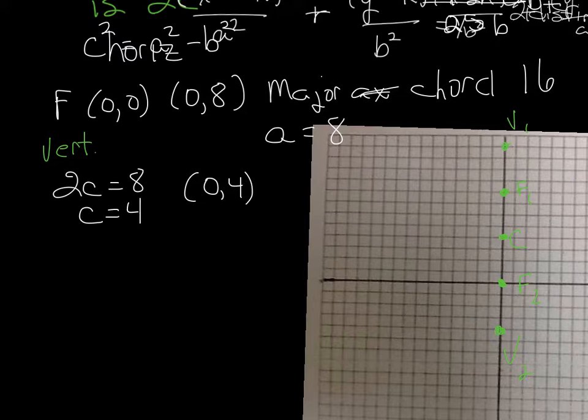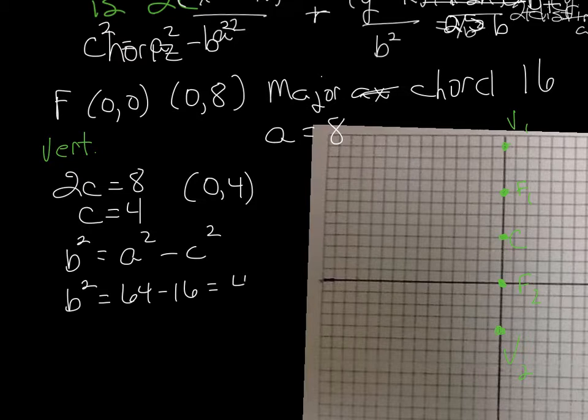How do I find B? B squared equals A squared minus C squared. So B squared is 64 minus 16, which is 48, so B is 4 square root of 3. And we would want B just to graph it. We found out last block that 4 square root of 3 is about 7, so from the center, I'd go over 7. 1, 2, 3, 4, 5, 6, almost 7.